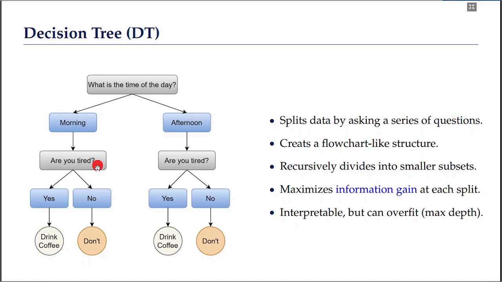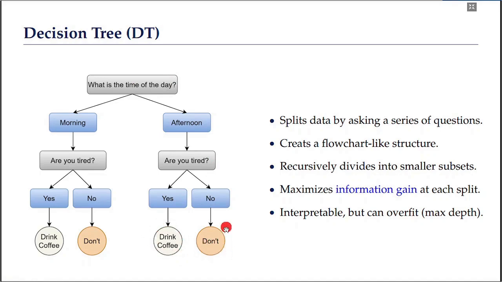Based on the answer, yes or no, we determine the number of individuals belonging to the different classes, let's say for a classification problem. Similarly, if the time of the day is afternoon, next we ask, are you tired? The response could be yes or no, and then we determine the number of outcomes under each response.